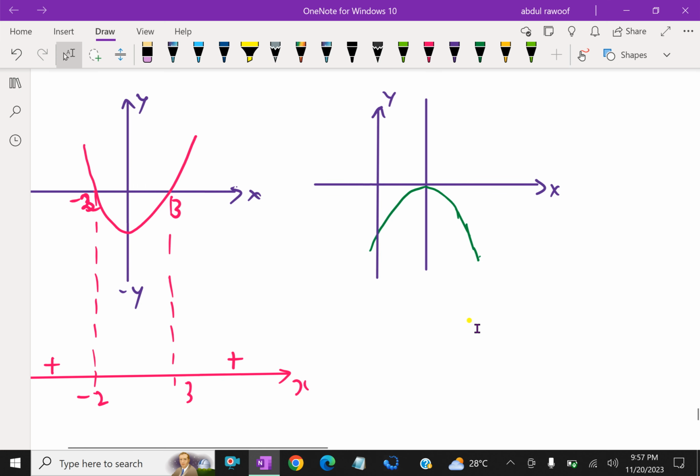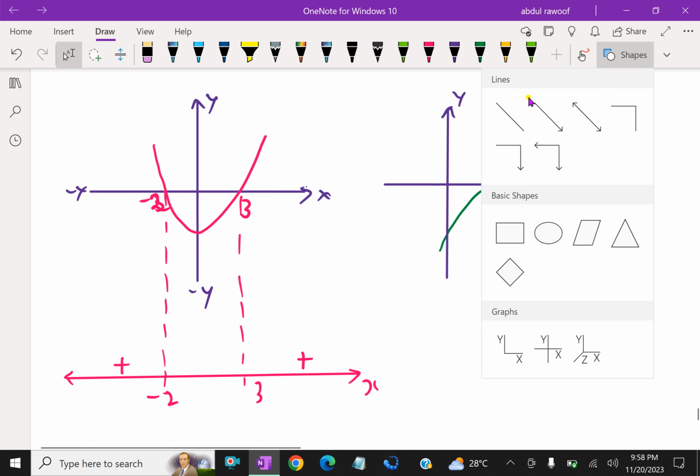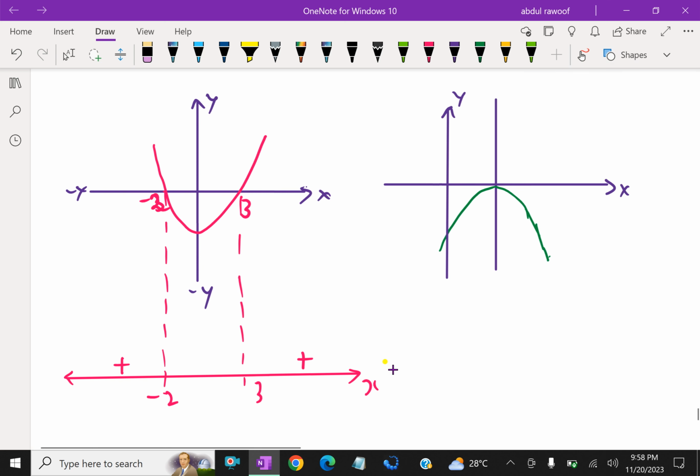What is the sign diagram for this graph? Now, let us draw one line. Suppose this point is 2.